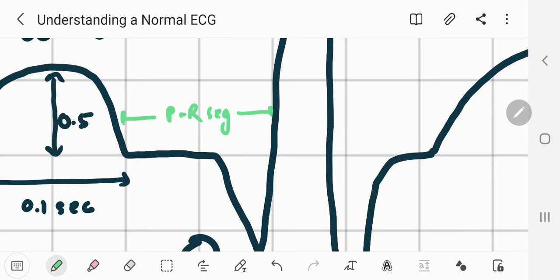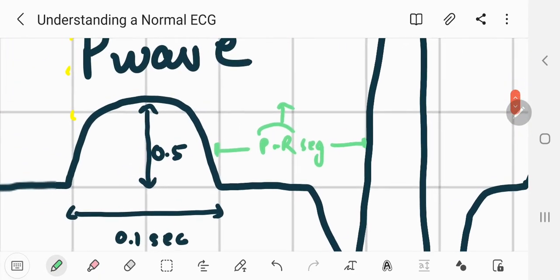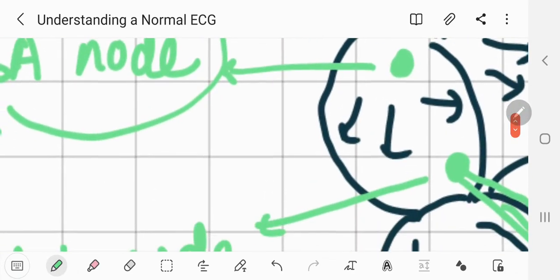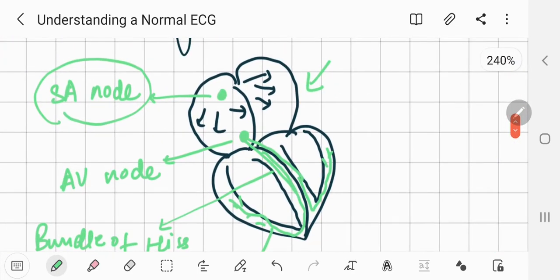Now, the PR segment basically tells us what will come after the P wave. So P wave, please look here, means the SA node fired, and when the SA node fired, the impulses were sent to the atrial muscles, and then these impulses were taken up by the AV node, or were sent to the AV node through the internodal pathway as well, and then these impulses from the AV node will travel into the ventricles.